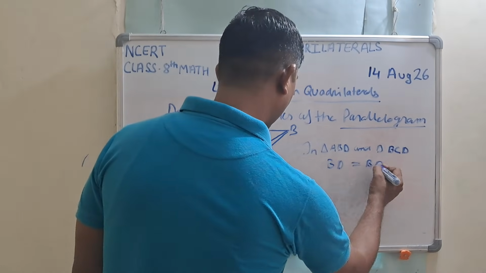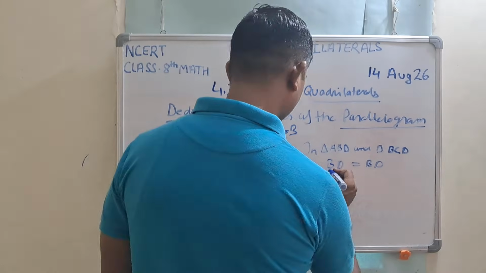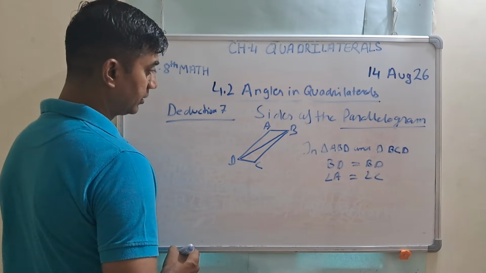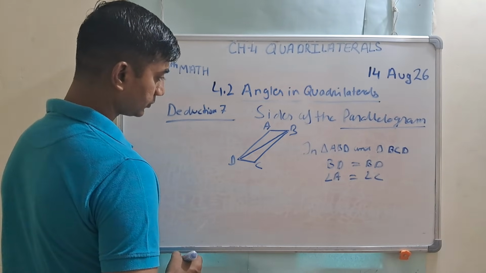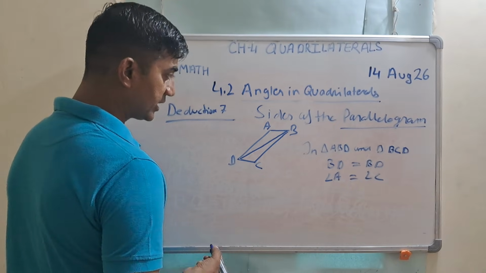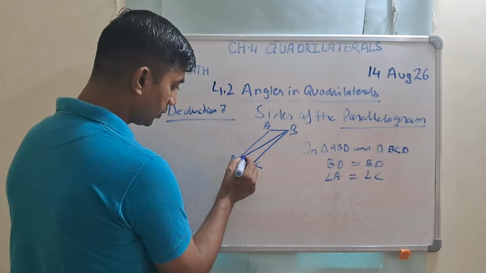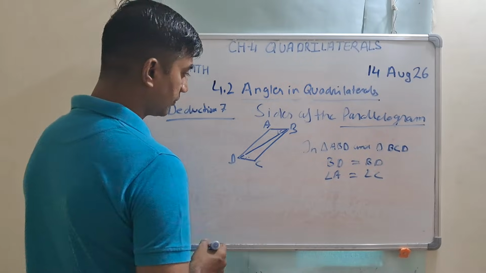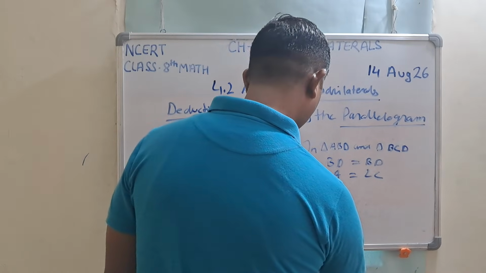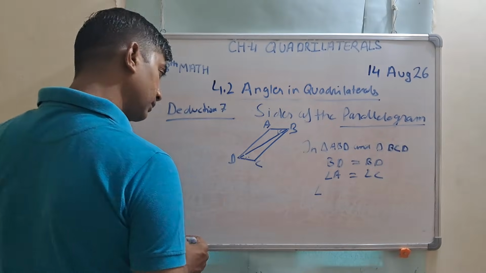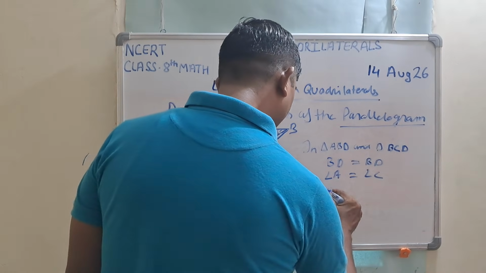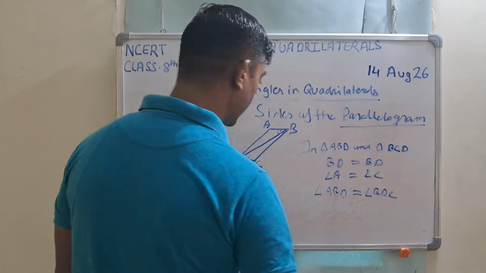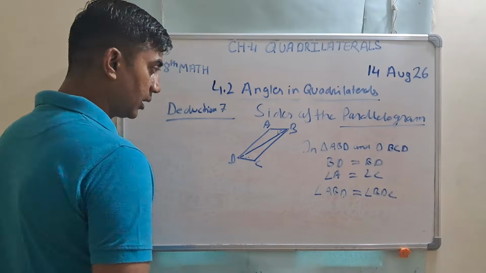BD is equal to BD. Understood? Opposite angles are equal: angle A is equal to angle C. And since it is a parallelogram and this is a transversal, this angle is equal to this angle, or we can say clearly that angle ABD is equal to angle BDC. Understood? So our triangles are congruent.